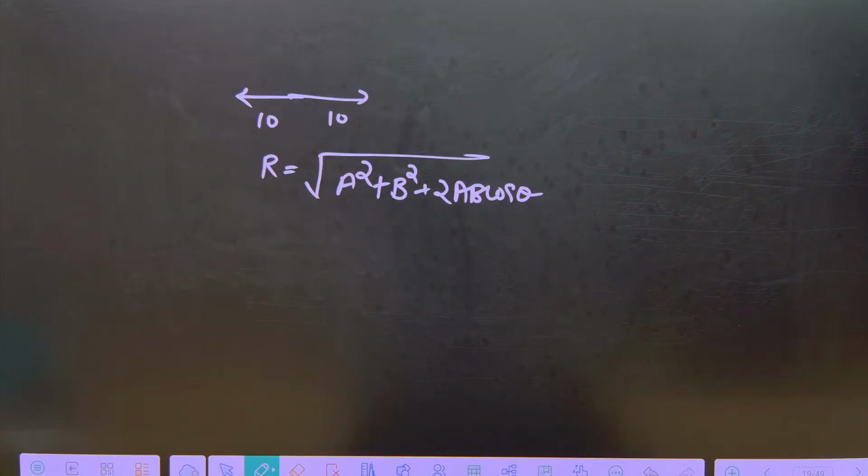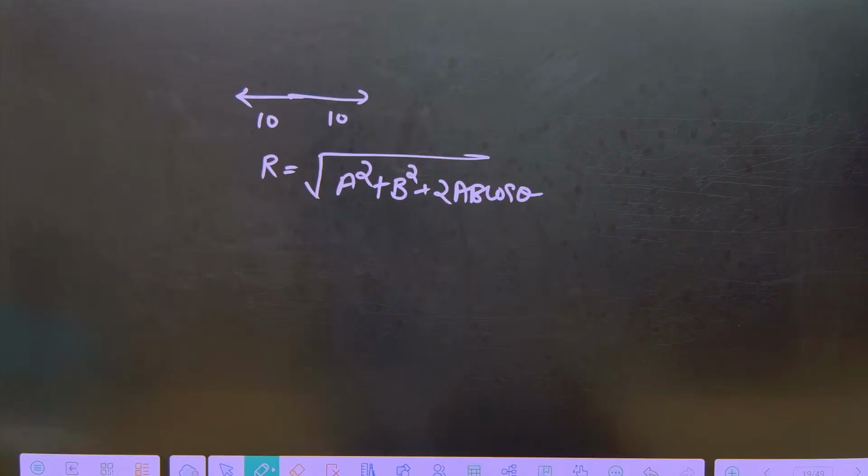Values. A square plus B square plus 2AB cos theta. What's the answer?